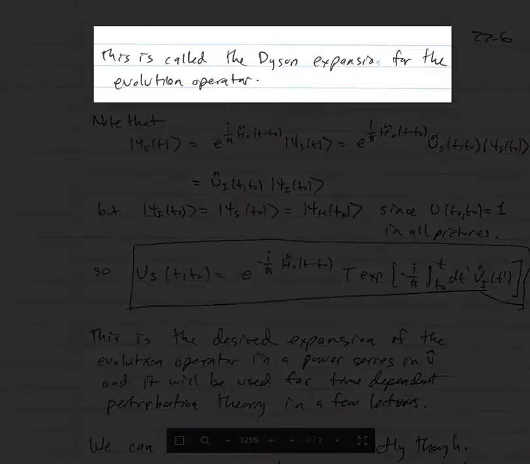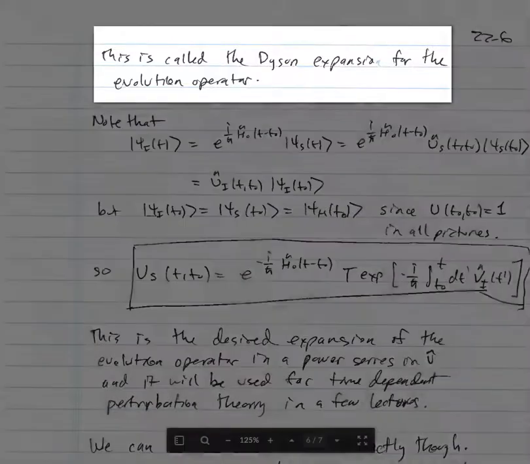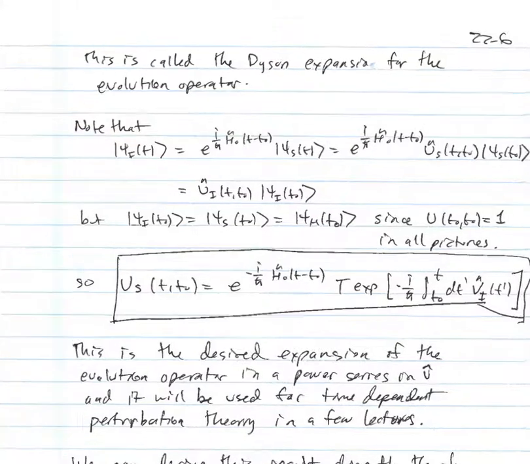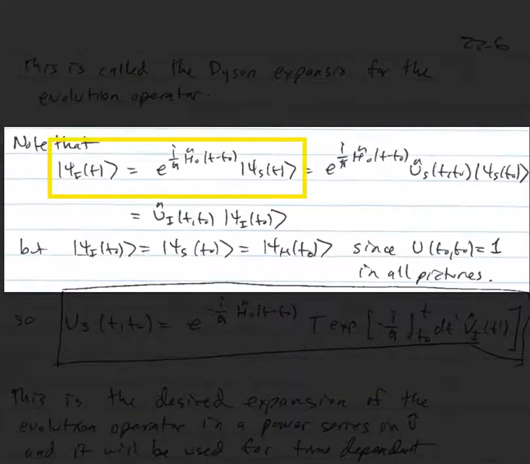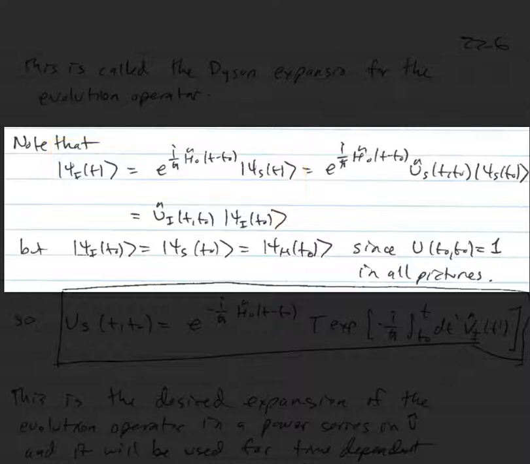This expansion has a name. It's called the Dyson expansion for the evolution operator. And we want to note in particular that because psi_I of t is e^(i/ħ H0 (t-t0)) psi Schrödinger of t, I can get back psi Schrödinger of t by looking at the following expansion. We know psi Schrödinger of t is U Schrödinger of (t,t0) times psi Schrödinger of t0.